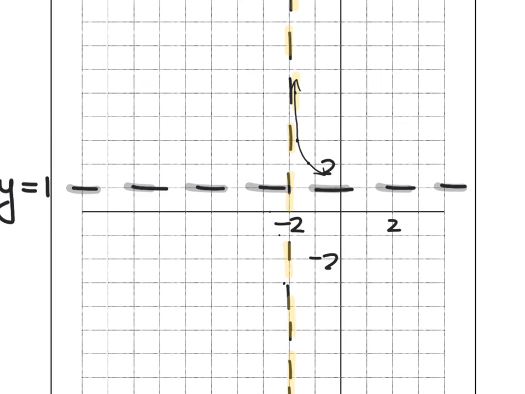And that gives me this arm of my graph right here.